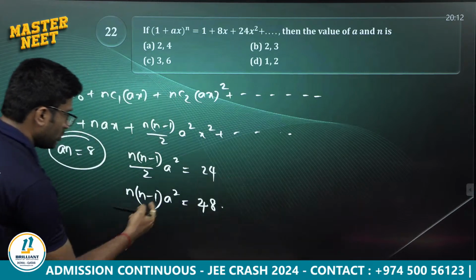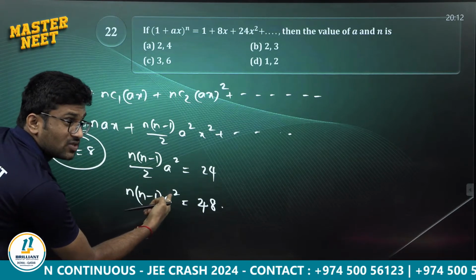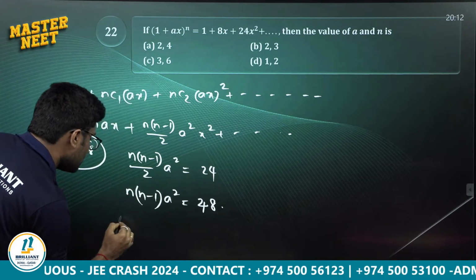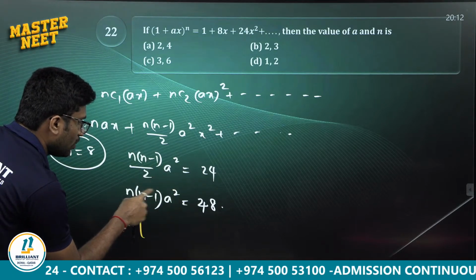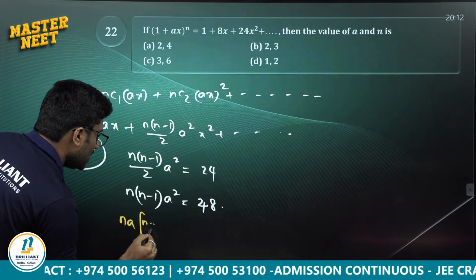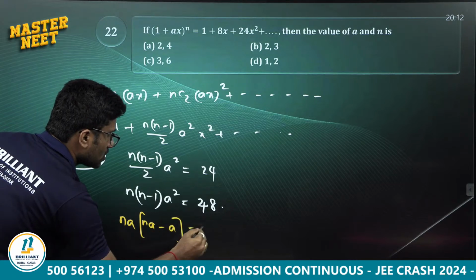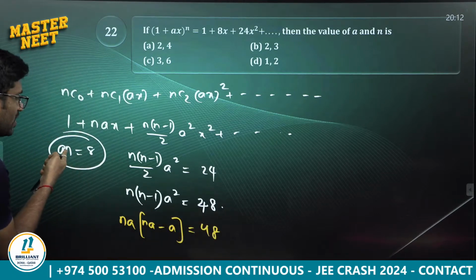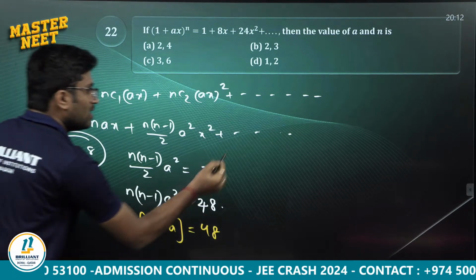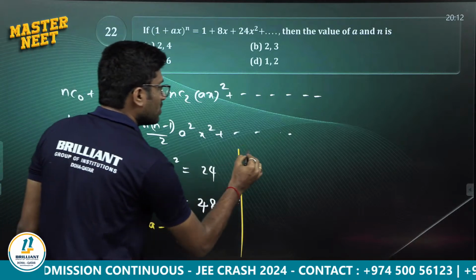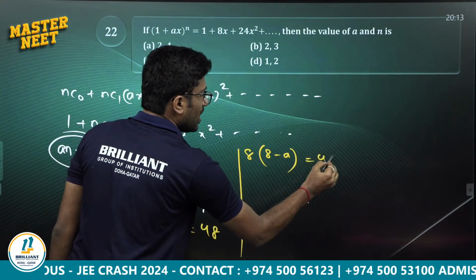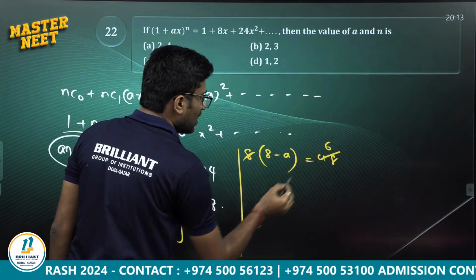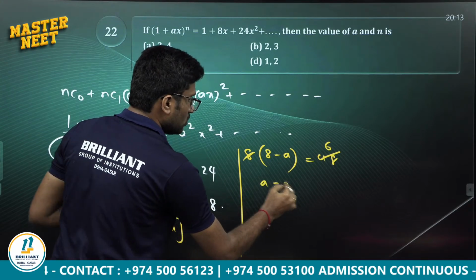What I am trying to do is, from this a square I took one a to na, and one more a. Multiplying internally, we get na times (na minus a) is equal to 48, but already na is equal to 8. Substitute that in this equation. 8 times (8 minus a) is equal to 48. 8 sixes are 48, so a is equal to 2.